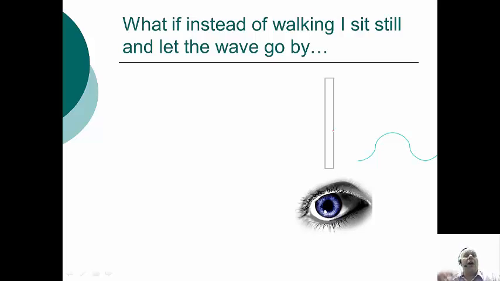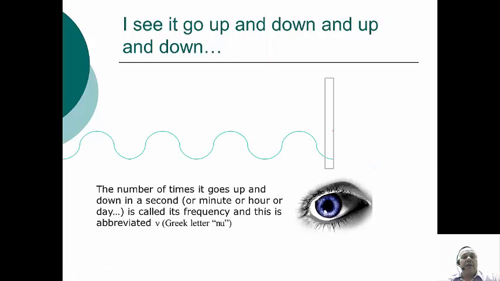So it goes up in a certain amount of time and it comes down in a certain amount of time. The number of times it goes up and down in a second, again, SI unit of time is second. I could use minutes or hours or days or years, but generally electromagnetic waves are pretty fast, so seconds works fine.